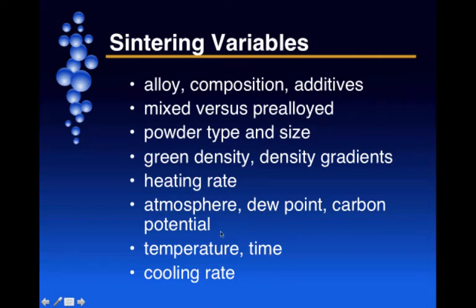And then we'll see that depending upon the powder chemistry, whether it's an oxidizing atmosphere, reducing atmosphere, inert atmosphere, that would matter. The presence of any carbon and moisture can also make a big difference. So the dew point and carbon potential come into factor as well for certain compositions.